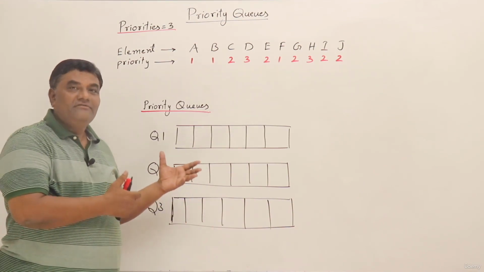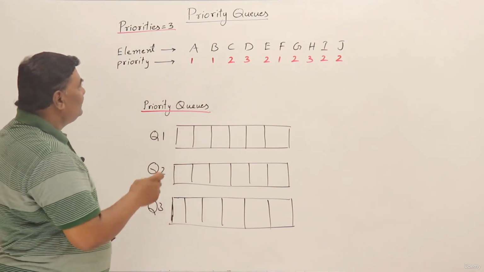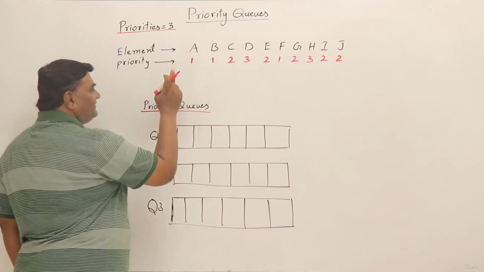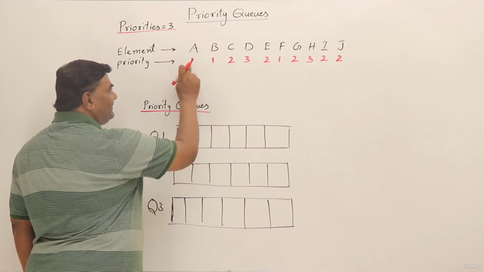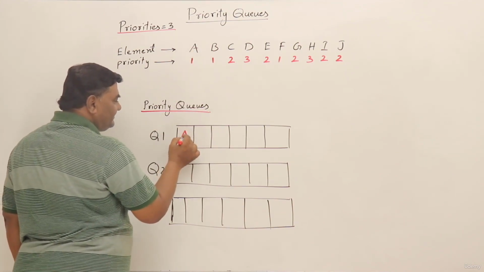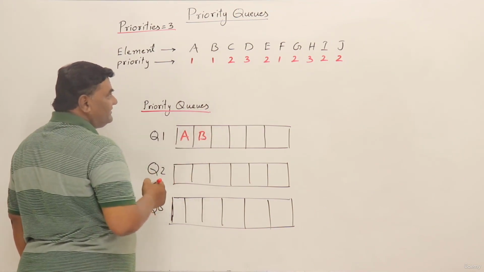So now let us look at the working. We will insert these elements in these priority queues. Every element is inserted in a priority queue depending on its priority. So A is having priority 1, so it will be inserted in Q1. Then B is having priority 1, so it will be inserted in Q1.